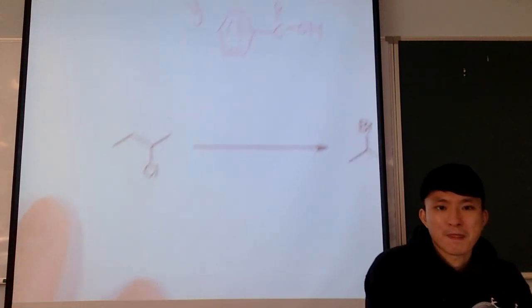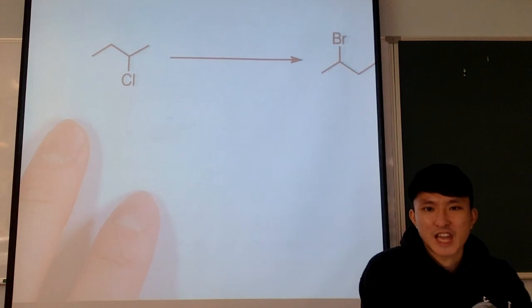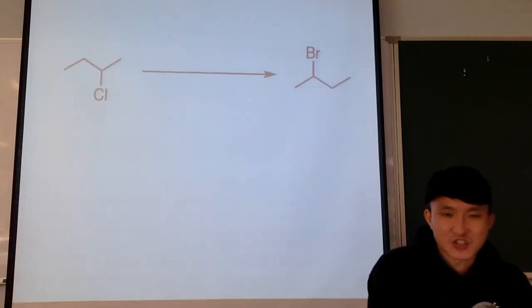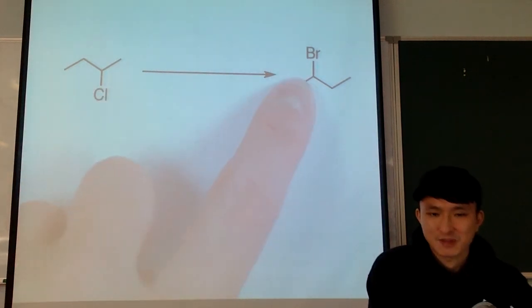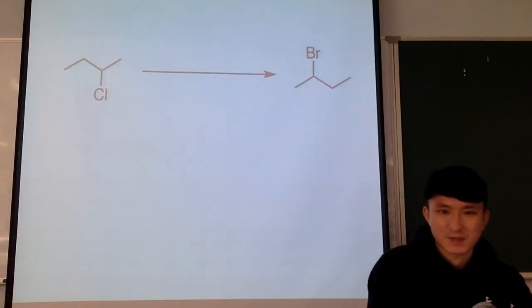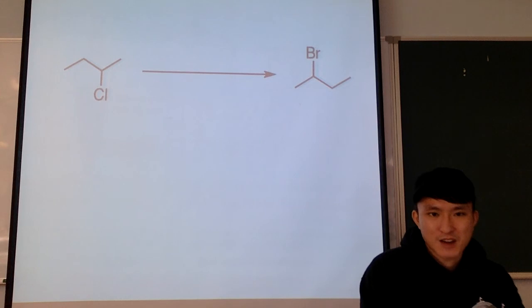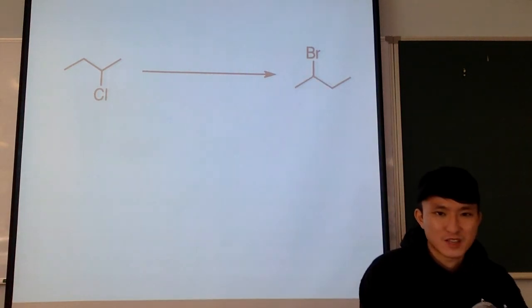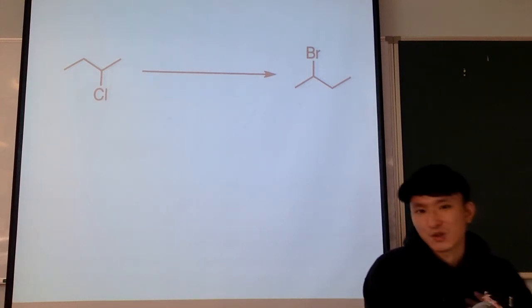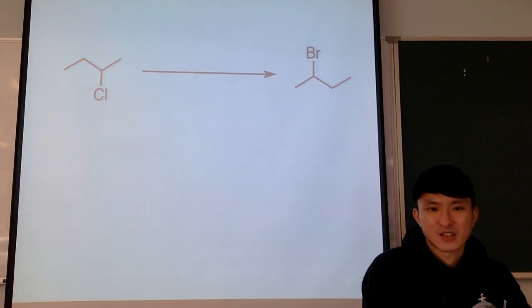Now here, what we are doing is to change the halogen. Now you see, it is from the 3rd position to the 2nd position. Oh, do we have to change the position? Actually, if you are smart, you realize that no matter you put it this way or this way, both halogens are located on the 2nd position. So you don't have to change the location actually.